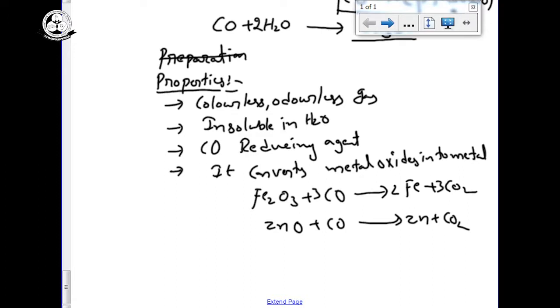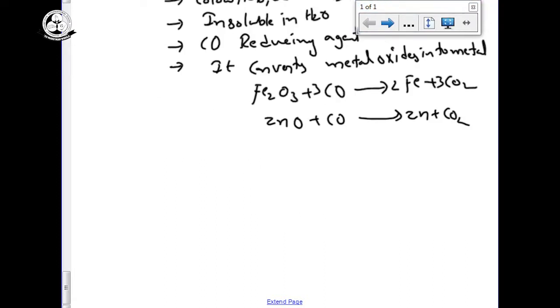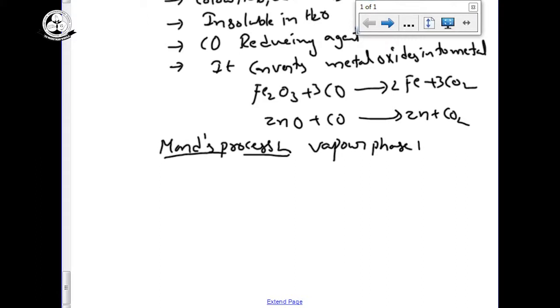Moreover, the Mond process is one of the important processes for the refining of metals. Some metals can be purified in the vapor state, like nickel. In the Mond process, we refine nickel, and this is also called vapor phase refining.